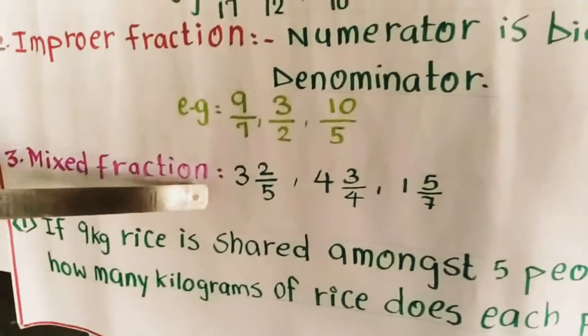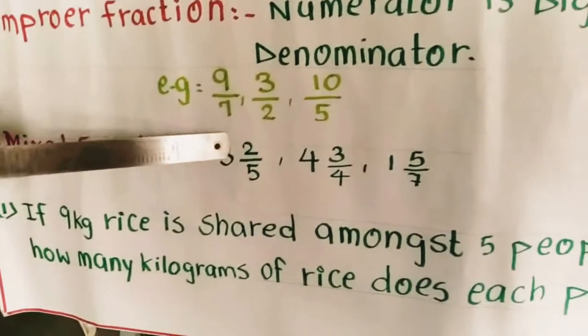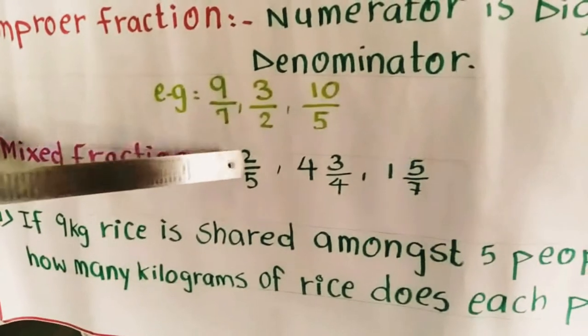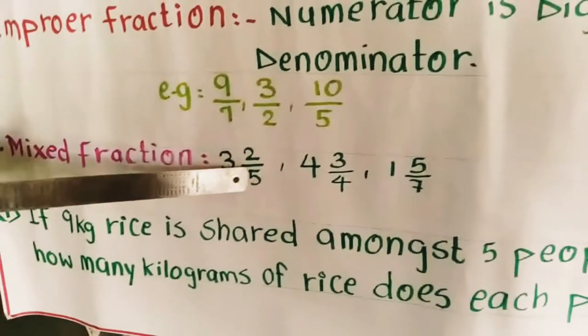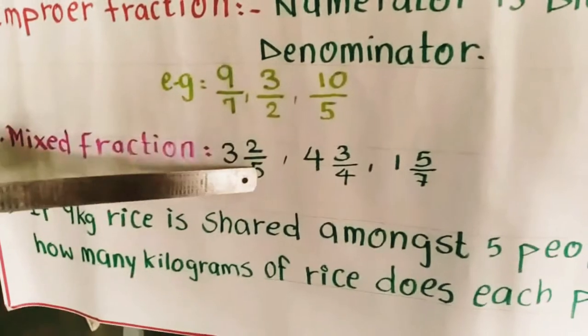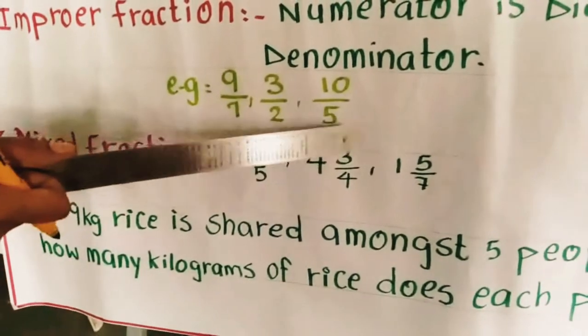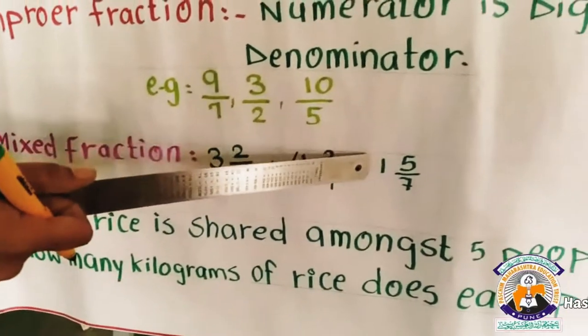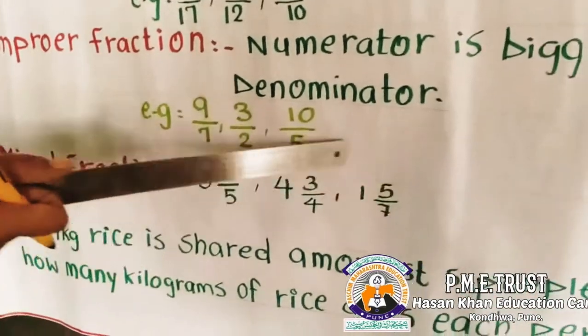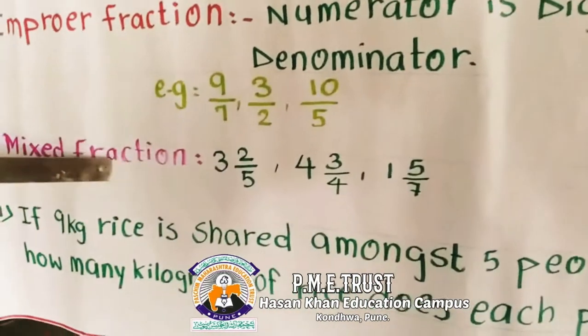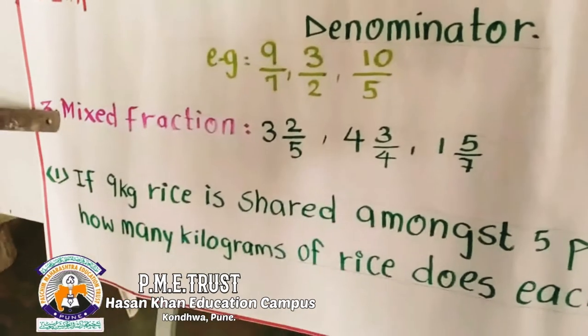Firstly, here we have the number 3, then after 2 by 5. 3, 2 by 5; 4, 3 by 4; 1, 5 by 7. These fractions are called mixed fractions.